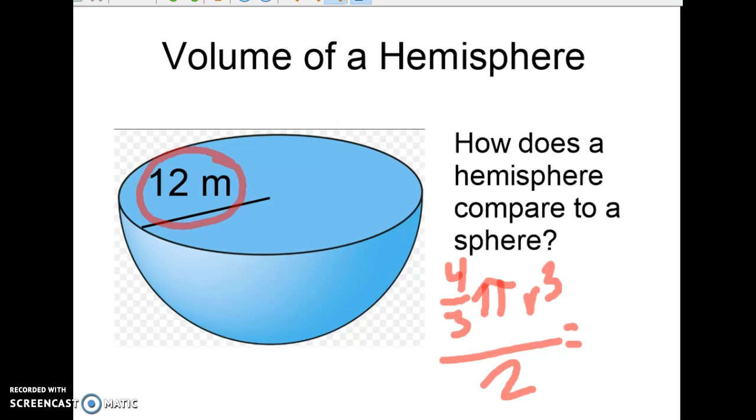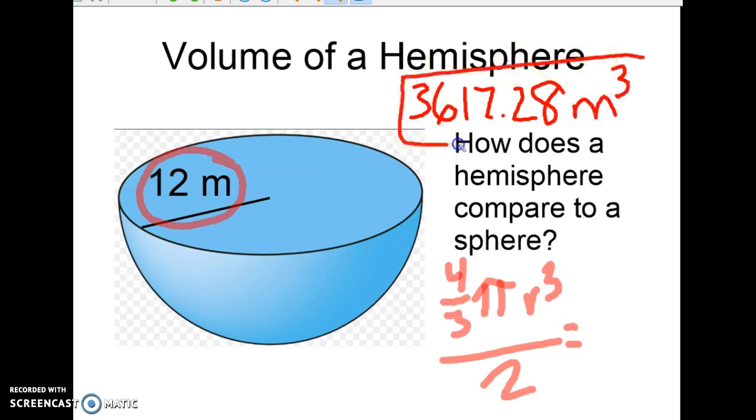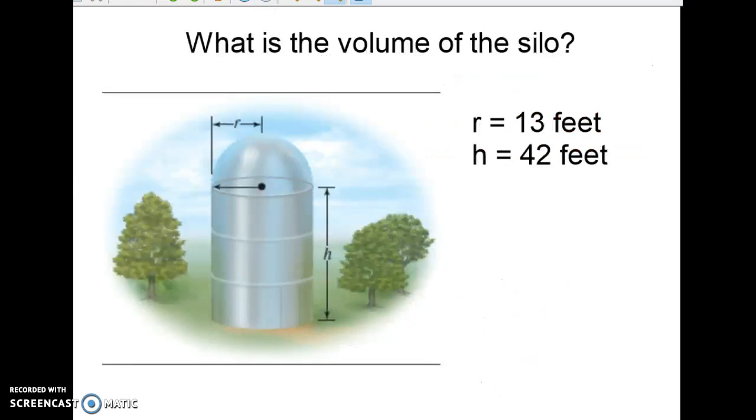I'm going to write it up here at the top of 3,617.28, and it's meters cubed. So there's my final answer. The only difference with a hemisphere is at the end you divide by 2 because it's half of a sphere.